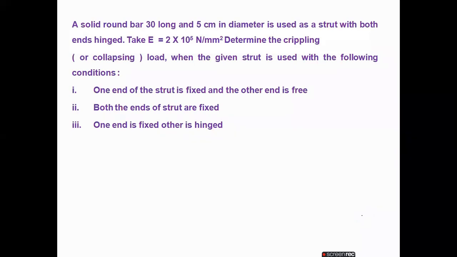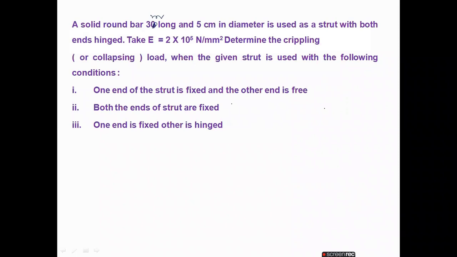Now we will move to the second problem, which is the same as this. A solid bar 3 meters long and 5 centimeters in diameter is used as a strut. The same thing: take the E value as 2 into 10 to the power of 5 Newton per mm square.